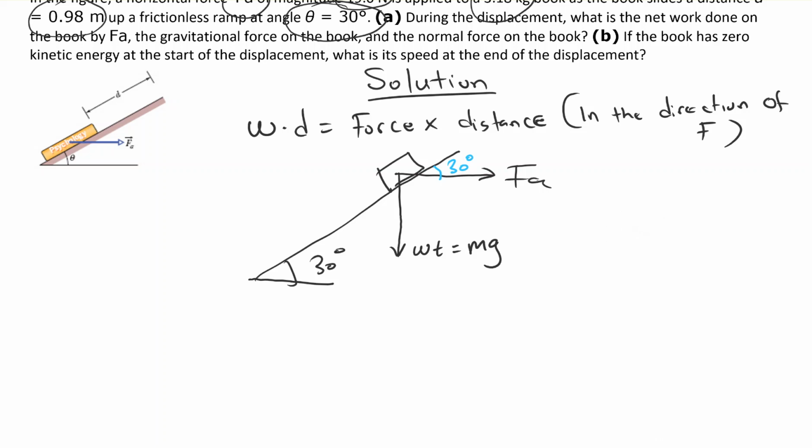So with that being said, we would have two components, right? One acting at 90 degrees to the plane and the other acting in the same direction, or parallel to the plane, but upward.